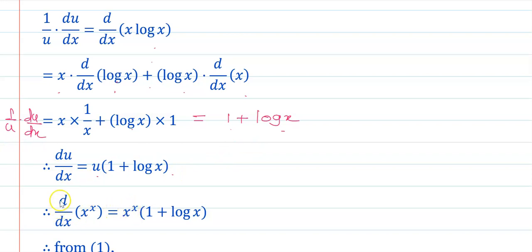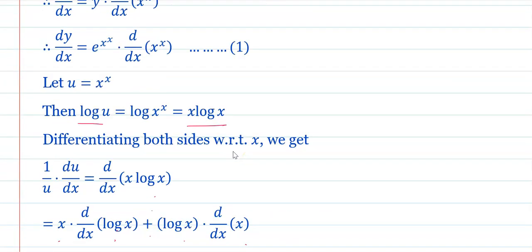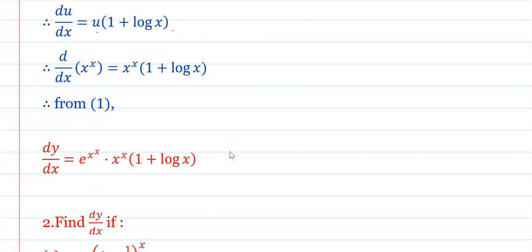And hence d/dx of x raised to x is equal to x raised to x. Substitute the value of u, x raised to x, in bracket 1 plus log x. Now substitute this value of the derivative of x raised to x in equation 1. Then here you will get dy by dx is equal to e raised to x into x raised to x in bracket 1 plus log x.